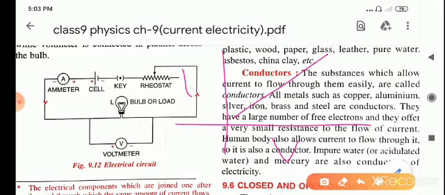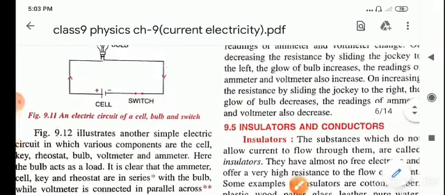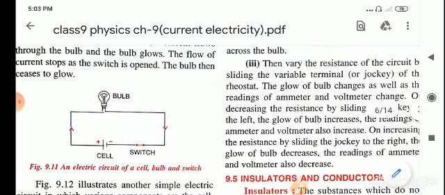Okay, children. They vary the resistance of the circuit by sliding the variable terminal or jockey. Terminal jockey means rheostat. The glow of the bulb changes as well as the readings of the ammeter and voltmeter.